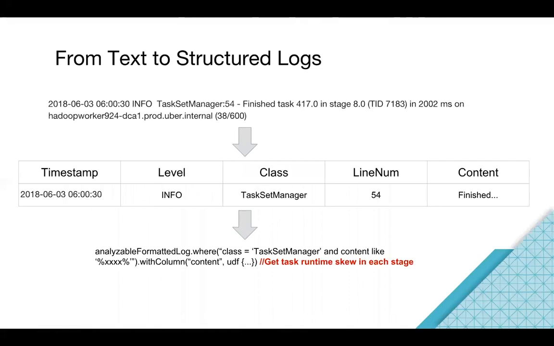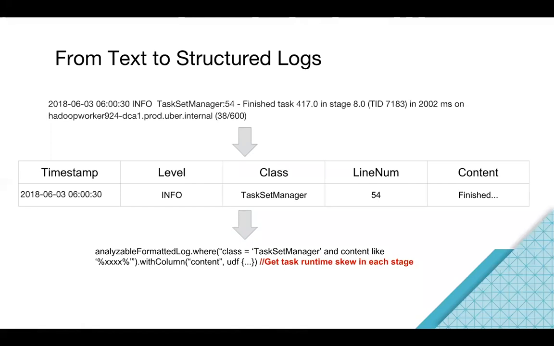So we have to extract certain fields from this line, for example, timestamp, level, class, line number, and content. Then we can use the Spark SQL API to select, for example, based on the class which generated these logs and some patterns of content, and then apply our user-defined function to calculate some metrics we need. For example, through this, we can calculate the task runtime skew in each stage. Then we can look at whether we have some workload skew in that stage.